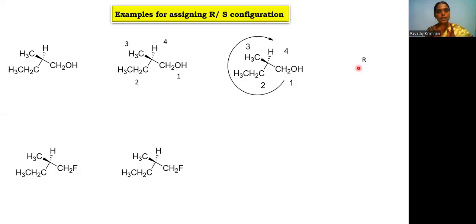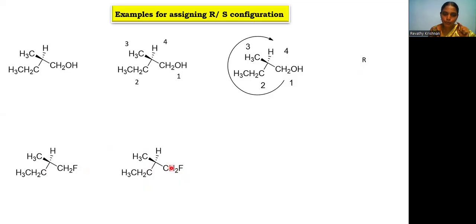Likewise, we have to assign the R/S configuration for all the molecules. The next example is this one. Before assigning the configuration, we have to assign the priorities according to the atomic number. Here it is CH2F, there is CH2, and CH3, this is a methyl group.